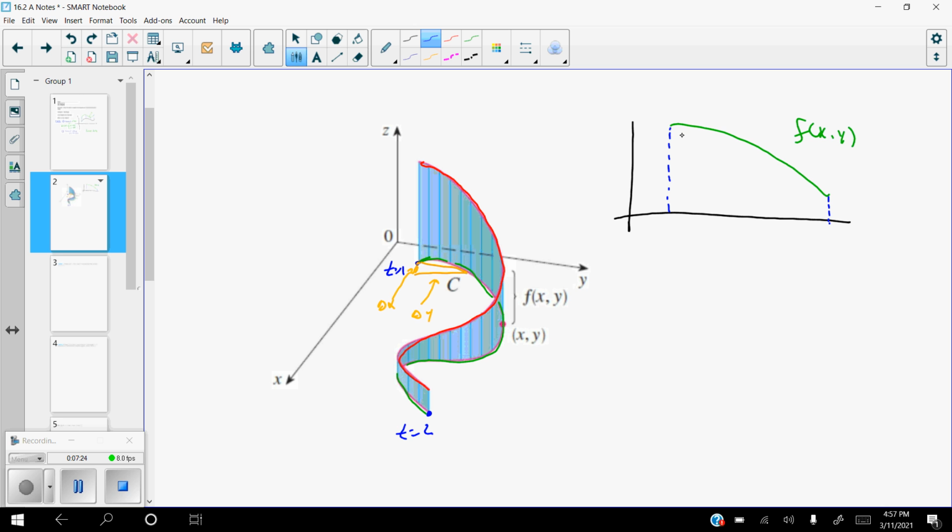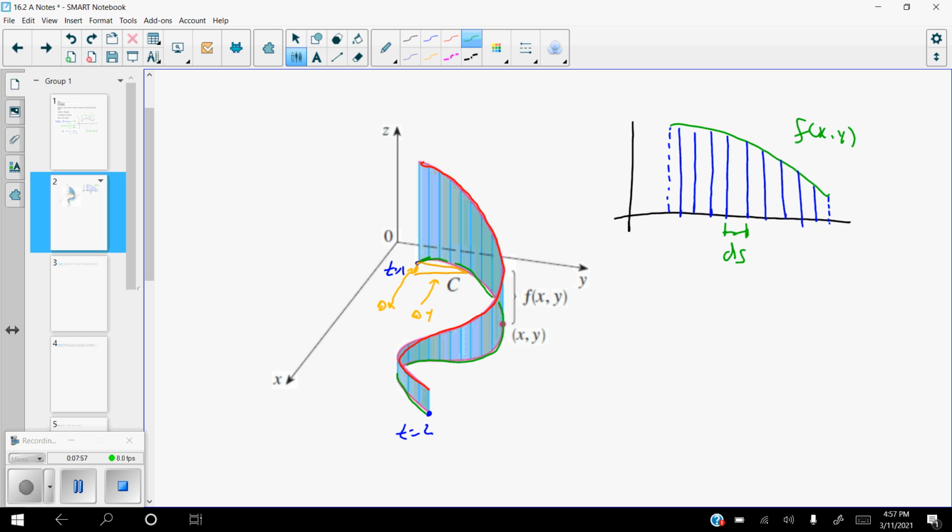But the key is, if we break this into those little thin ribbon strips that you see there, and make those infinitely thin, the distance in between those is going to be ds, which is the change of arc length, where s is the arc length.